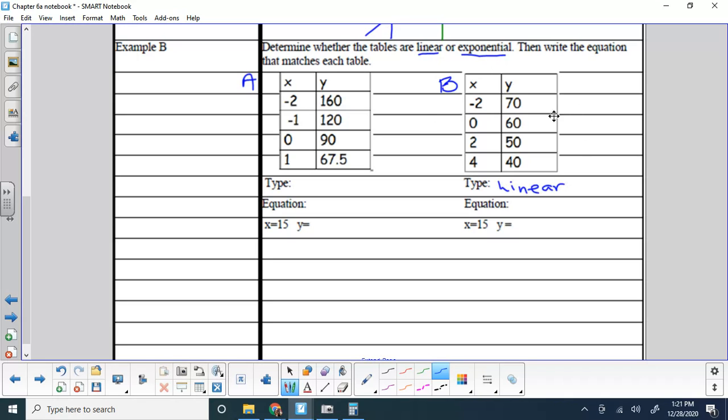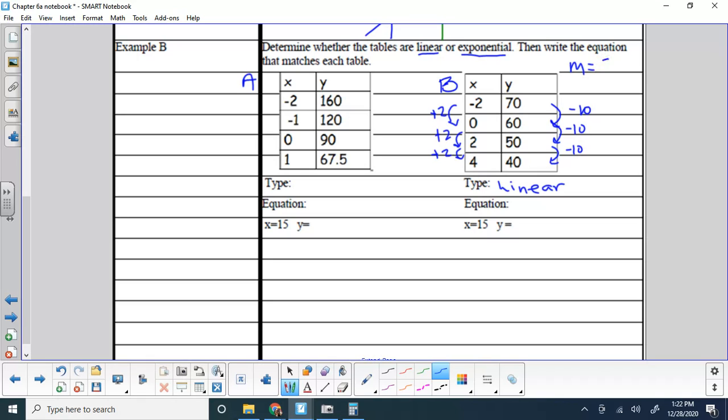The reason table B is our linear graph is as we look at how the graph is changing, I see that the x values are increasing by 2 each time. The y values are decreasing by 10. Now, because we're increasing and decreasing by the same amount, that allows us to find the slope.